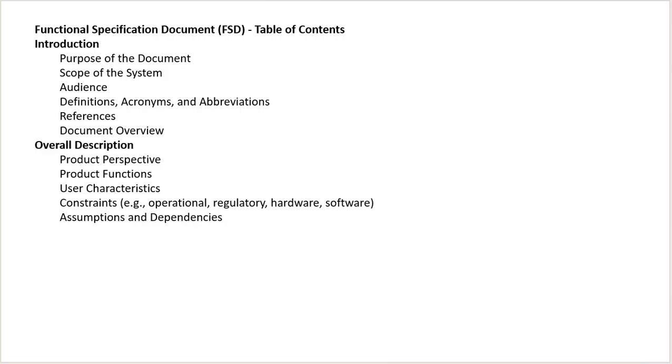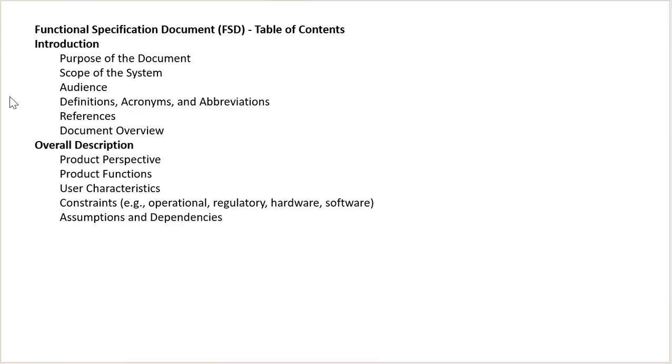Then we write the audience, like stakeholders, who we are going to cover in the FSD document and what roles are going to change. Then the definitions, acronyms, and abbreviations are covered in the introduction, then the references, and then the document overview, which we write in detail with the process or flow of the document.